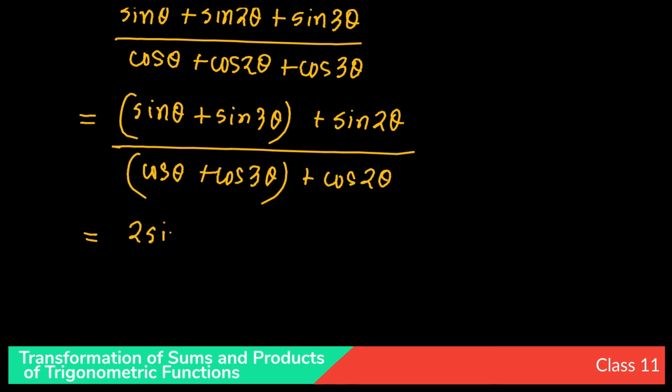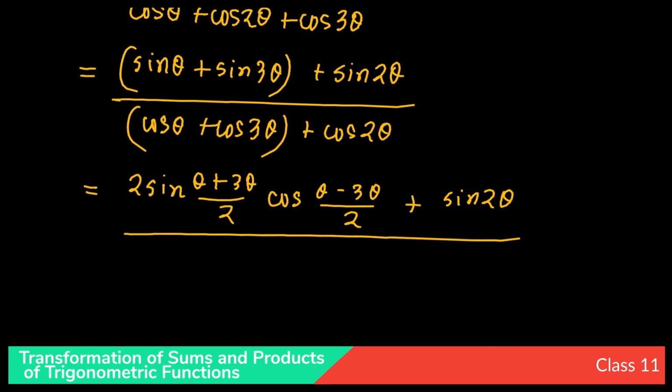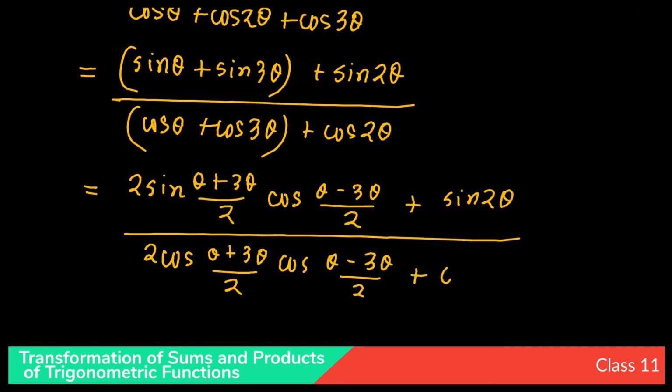It is 2 sine of theta plus 3 theta by 2 into cos of theta minus 3 theta by 2 plus sine 2 theta. And for the denominator, it is cos C plus cos D, so it is 2 cos of C plus D by 2 into cos of C minus D by 2 plus cos 2 theta.